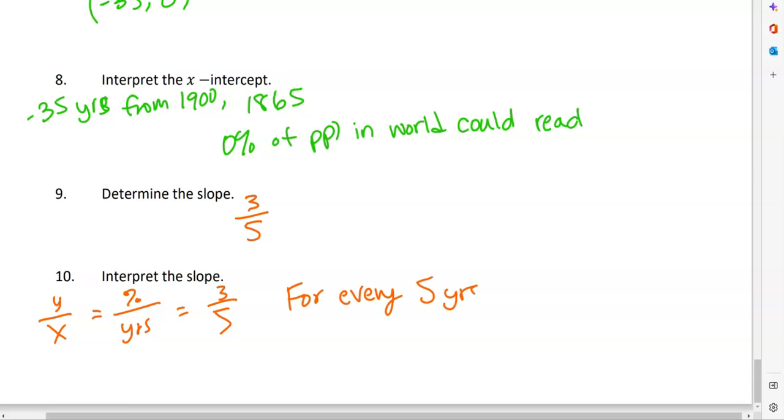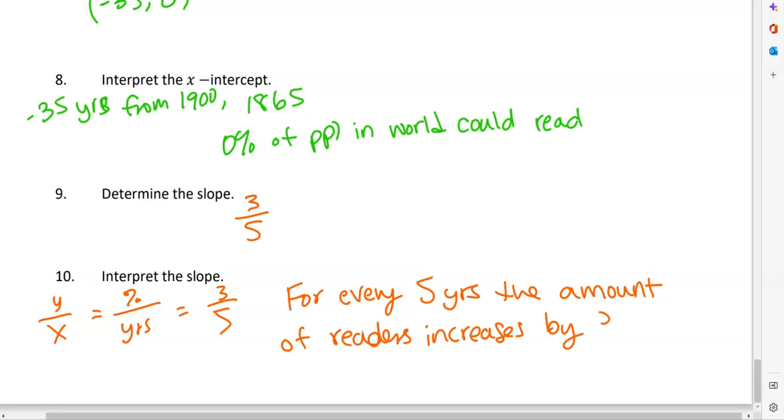For every 5 years, are we going to increase or decrease by 3%? Good. The amount of readers increases. By how much? By 3%. Good job.